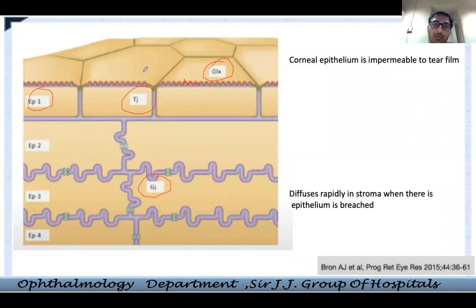Holding the mucin in place is a function of the glycocalyx. So when the glycocalyx is not there, of course, mucin will not be very adherent, hence the tear film will be disturbed. And this disturbed tear film can be very well seen with your stains. So whenever glycocalyx is not there, you will be able to stain the epithelium. So basically, this is an impermeable layer 1.